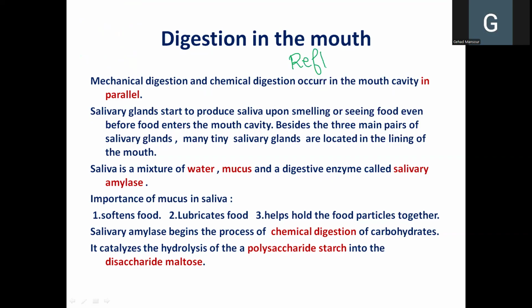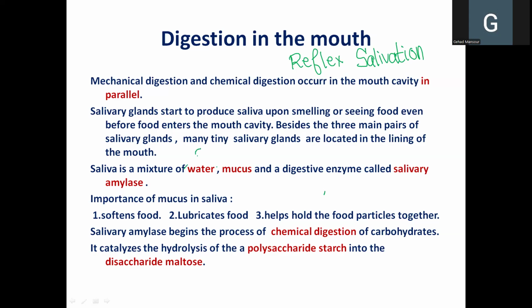So the salivary secretion is a reflex. It's an involuntary response. Reflex salivation. Okay?